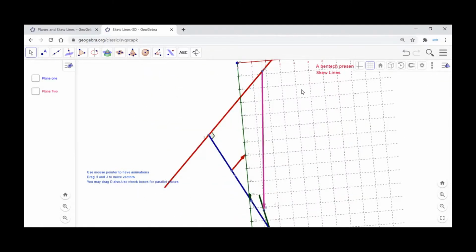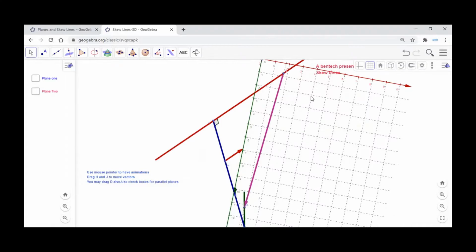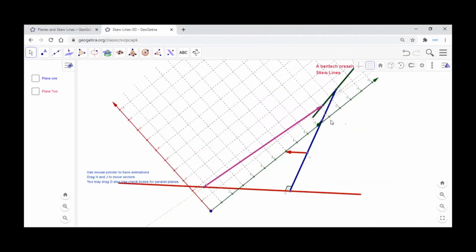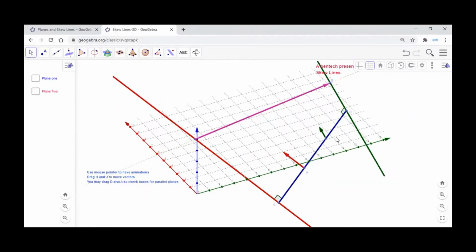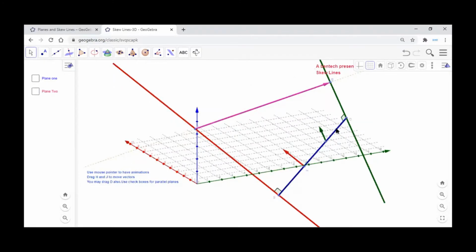There may be many lines, but I just want to talk about two lines. One line is this green colored line, and this other one is the red colored line. So these two lines are given to us, L1 and L2.